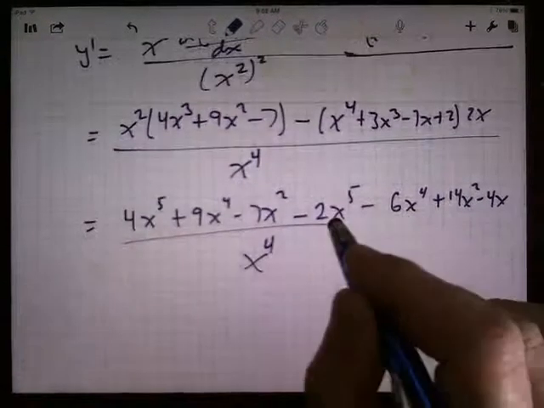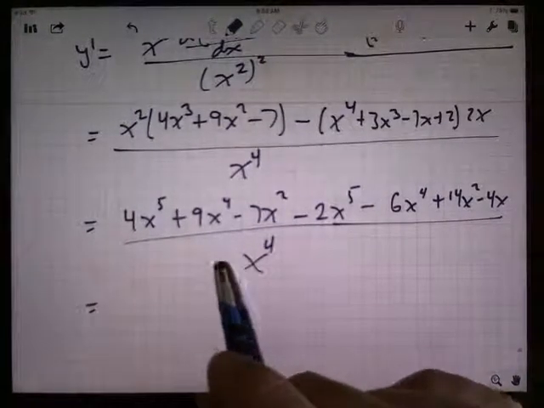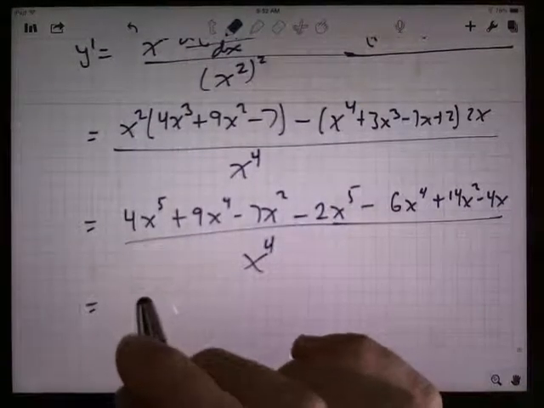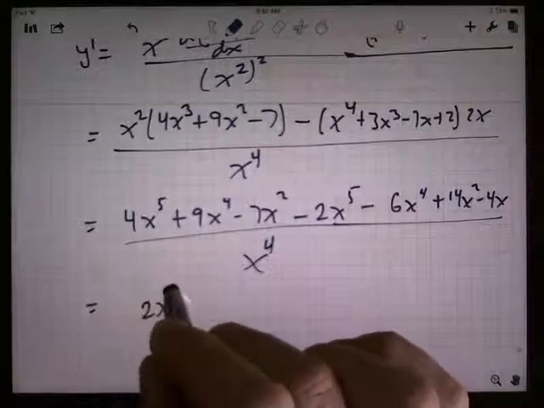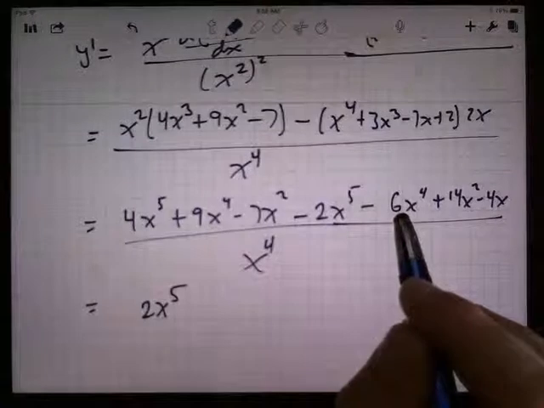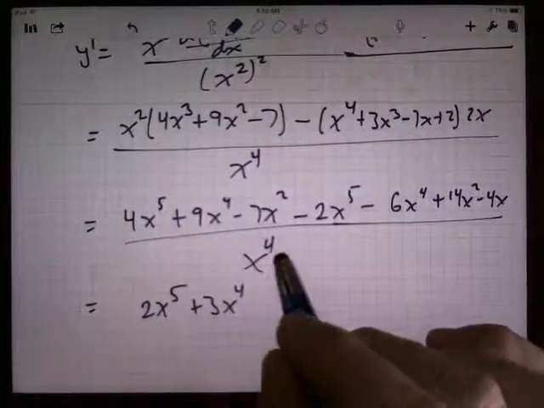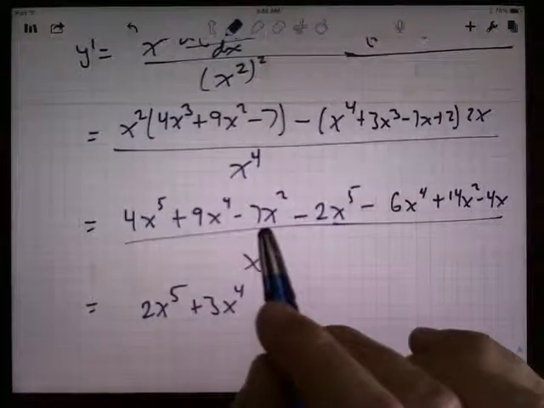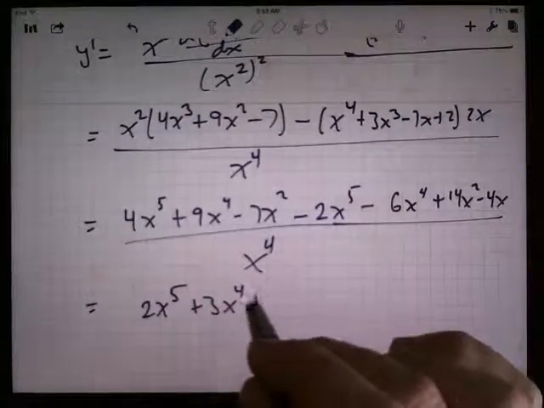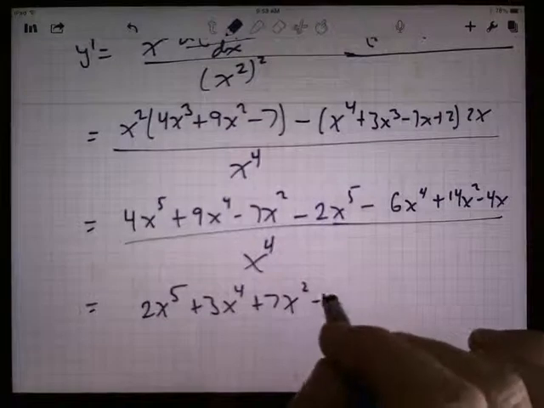And then I'm hoping that I've got some things that go together here. Yeah, I've got a 4x to the fifth and a minus 2x to the fifth. So that would be 2x to the fifth. I've got a 9x to the fourth and a minus 6x to the fourth. So that would be 3x to the fourth. And then I've got a minus 7x squared and a plus 14x squared for a grand total of plus 7x squared. And I've got a minus 4x over there.